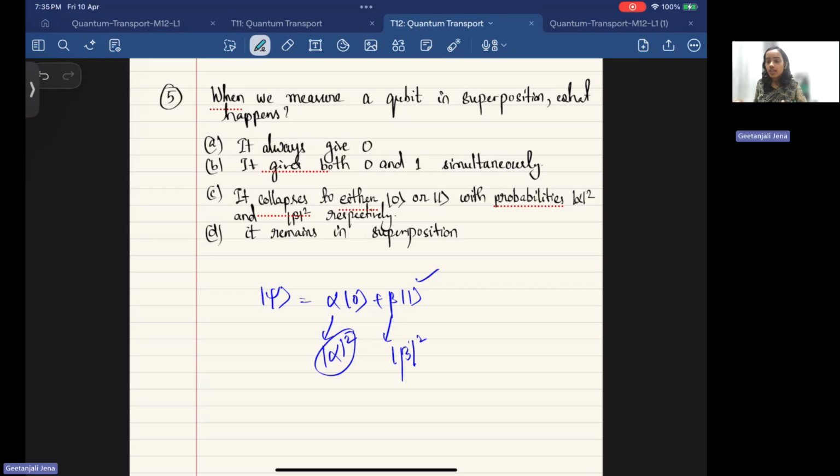Before the measurement, we assume that it can be in spin up state and spin down state. And after the measurement, we can see what is actually the case. That is, if it is in a spin up state, then we can get the 1 state, or if it is in spin down state, we can get the 0 state. So it doesn't give both the values, we can only measure one of the states. So option C is the answer. It collapses either to 0 or 1 with probability alpha square and beta square.